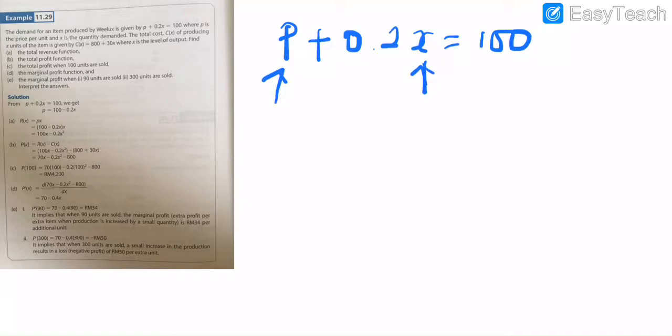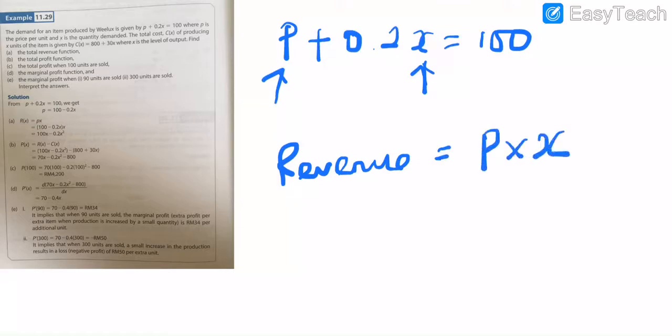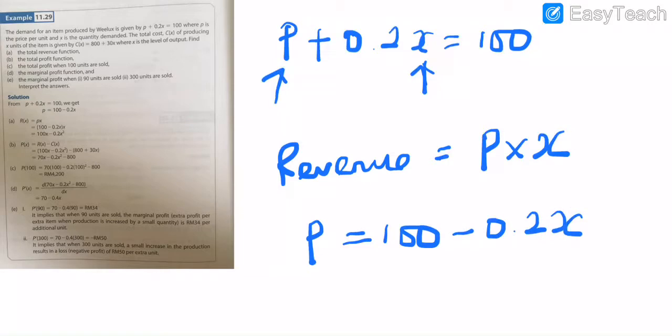So from here, you have to find out the revenue, which is price times quantity. But the price here is this. That's why the first step is to find the price function, which is P equals 100 minus 0.2x. Ini pindah ke sebelah. So this is your price function.